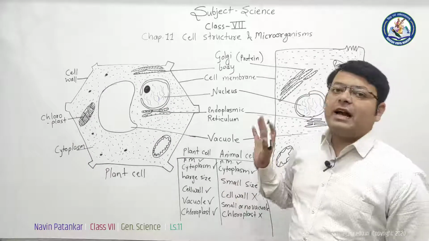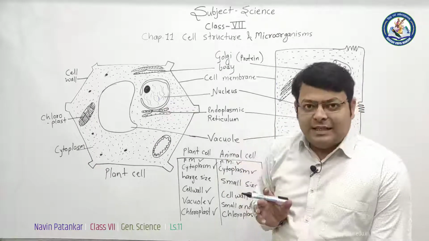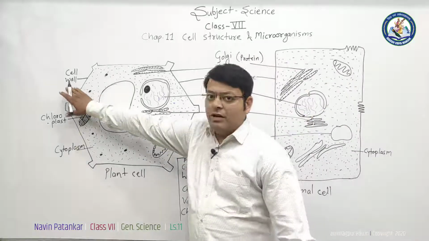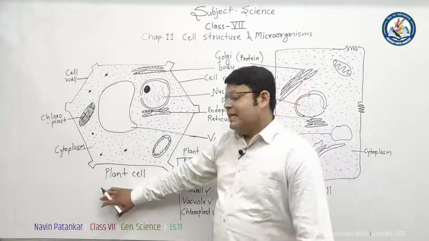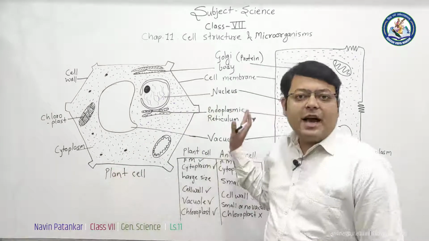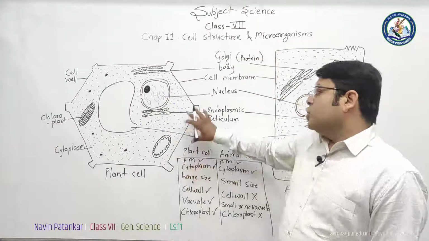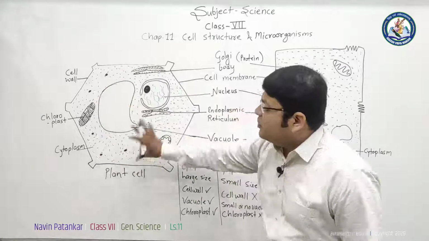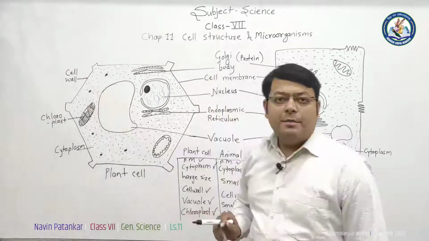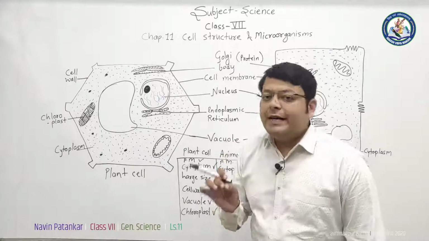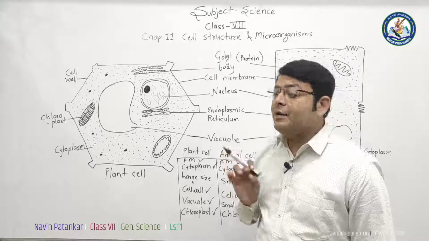So in this plant cell and animal cell, some peculiar characteristics are there, like the cell wall and the plasma membrane. First we can see the plant cell, then the animal cell. In the plant cell, the specific cell structure is present only because of the cell wall, because the cell wall is present only in the plant cell, not in the animal cell.